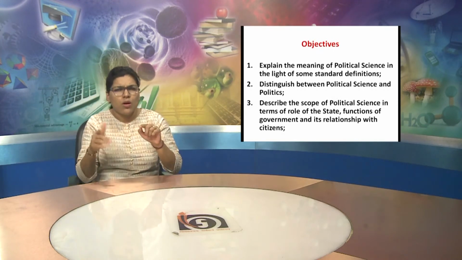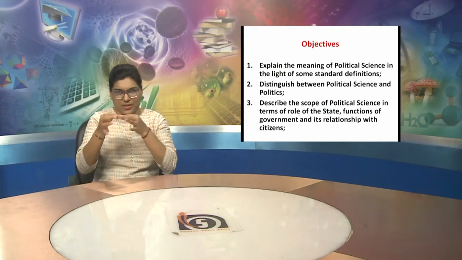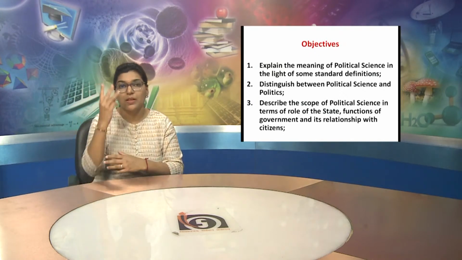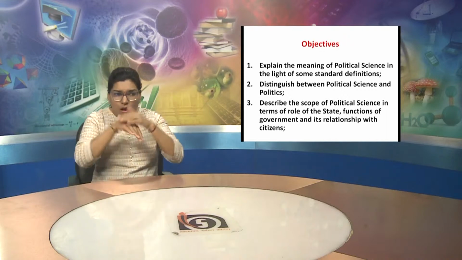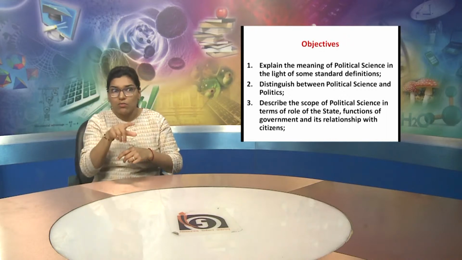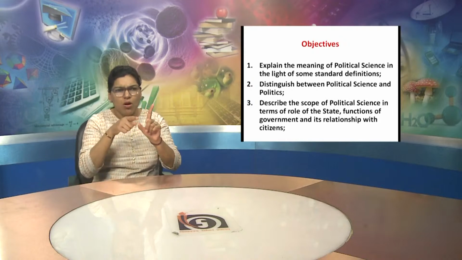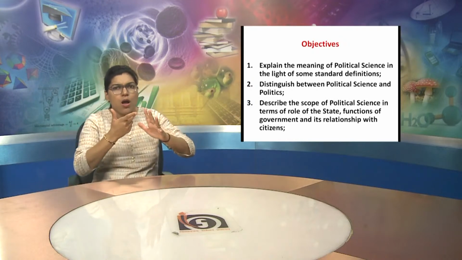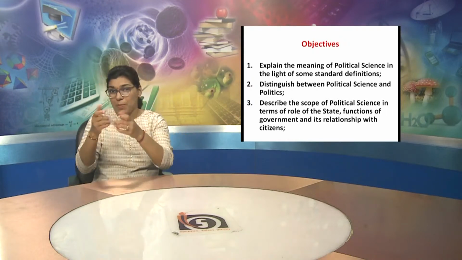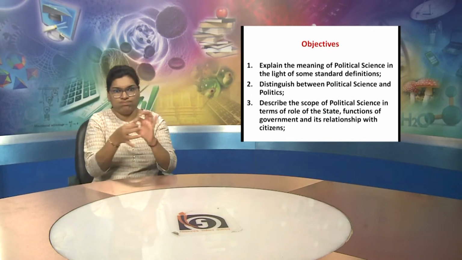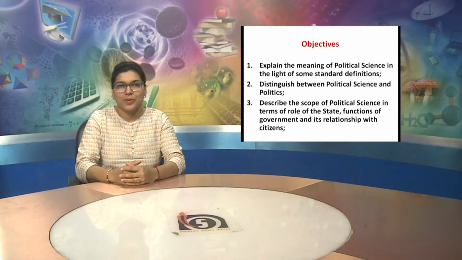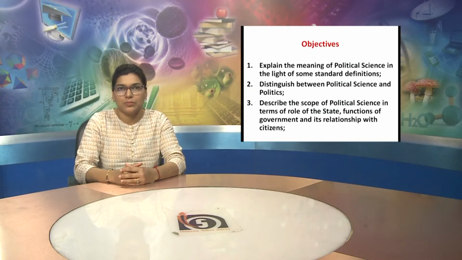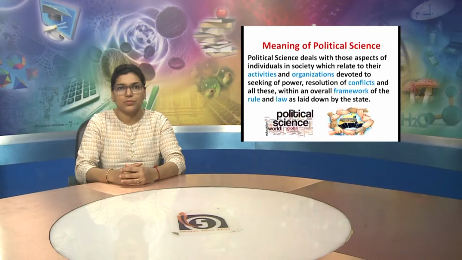Second, to distinguish between political science and politics. What are the main and core differences between political science and politics? And the third is to describe the scope of political science in terms of the role of the state, its functions and the government, and its relationship with the citizen.